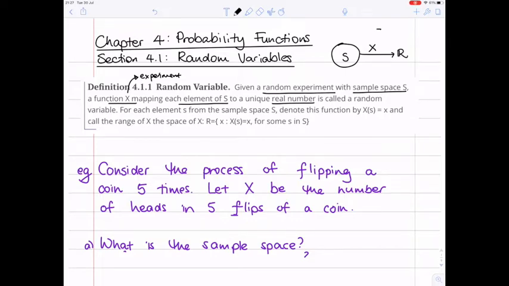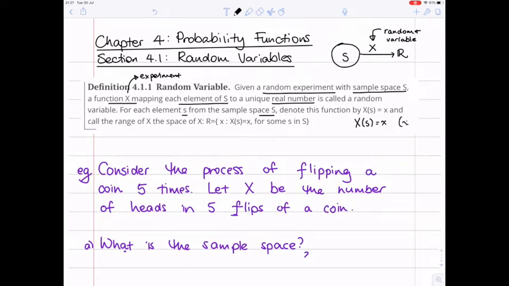And this function over here is called a random variable. We're used to having ordinary variables in functions, but we're dealing with random variables here because we're looking at random experiments.